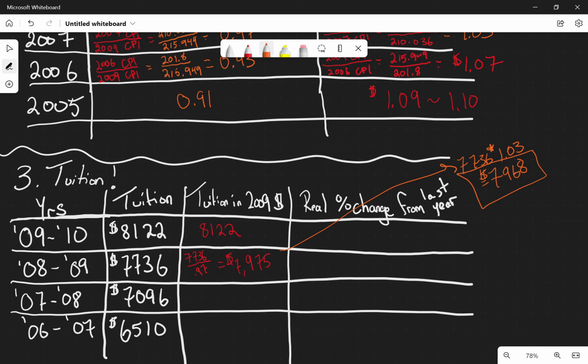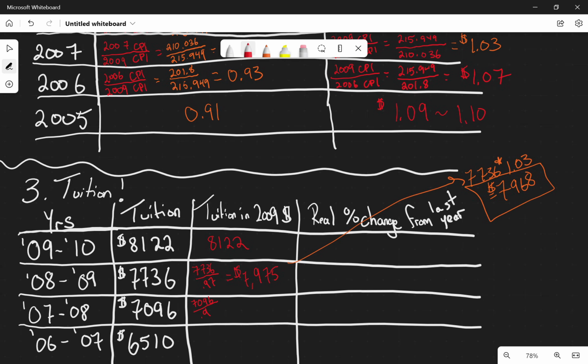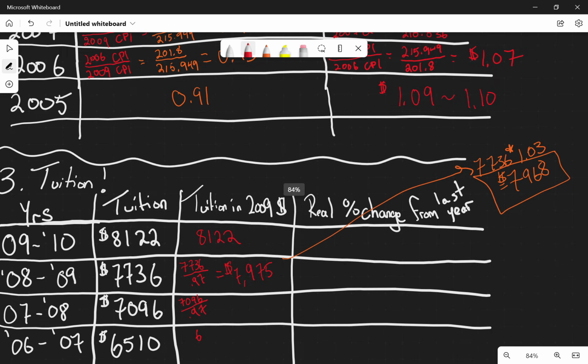So going ahead and completing this, and the traditional way, right, where we divide. So 7096 divided by 0.97. Sorry, 6. It's not the same tuition every year, right? 6510 divided by 0.91.